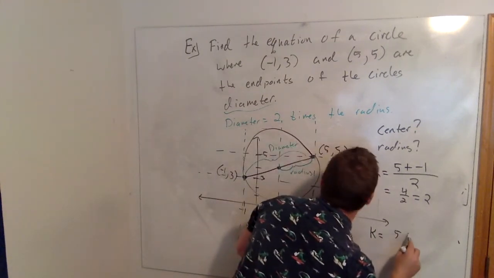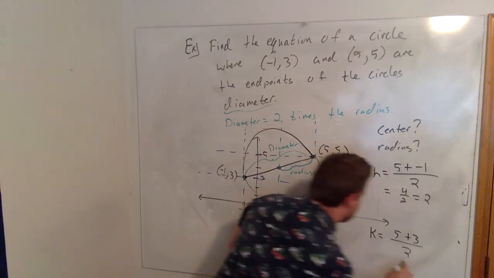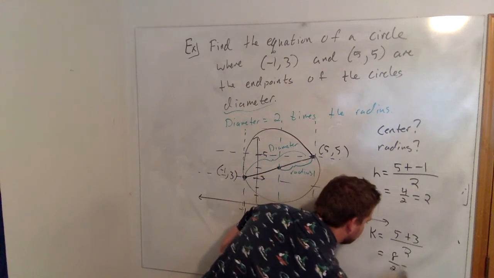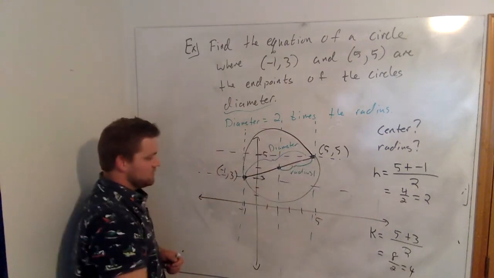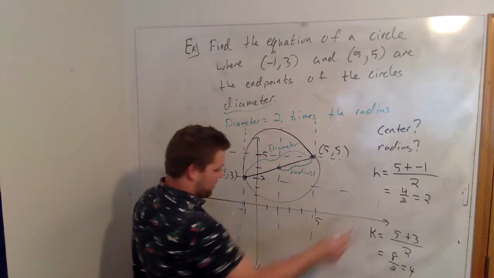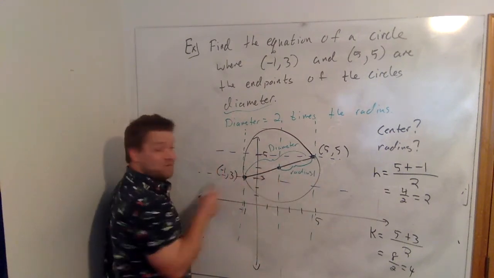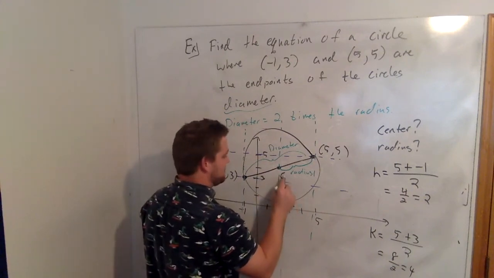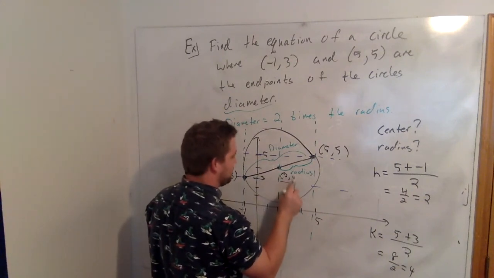That'll be 5 plus 3 all over 2, so that'll be 8 over 2, which will be 4. So we have our h and our k: our h will be 2 and our k will be 4, which seems to make sense from our picture. So our center must be at (2, 4).